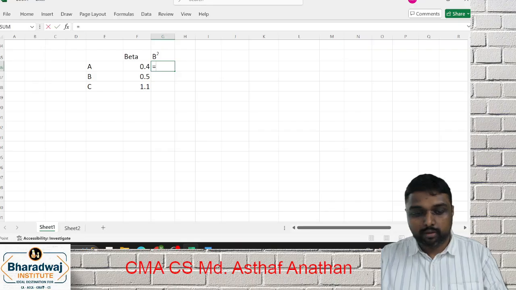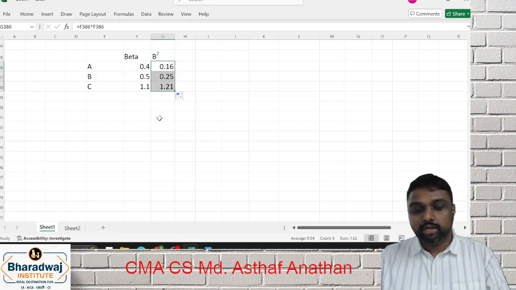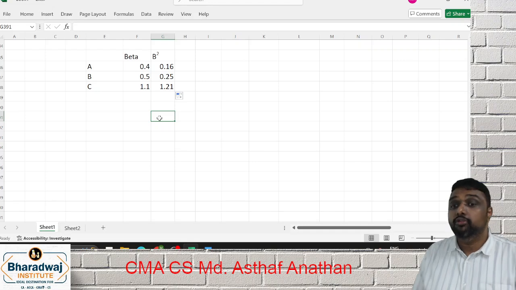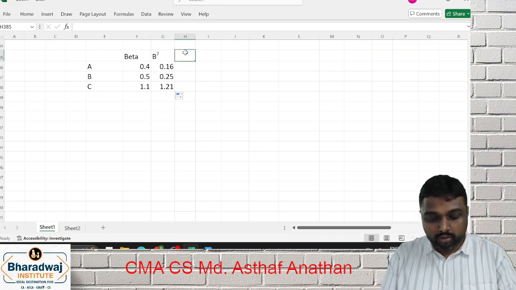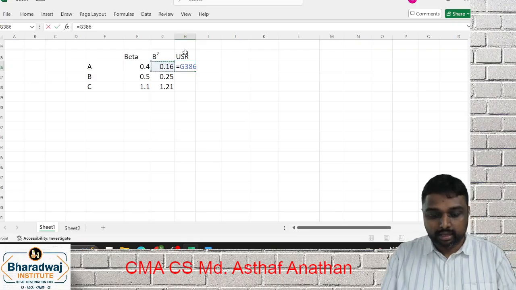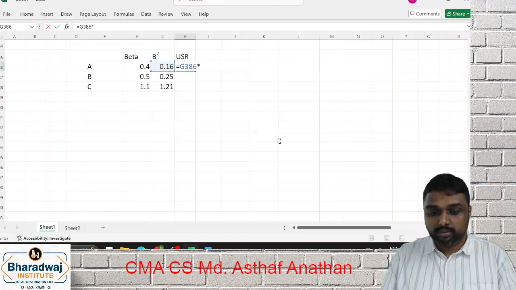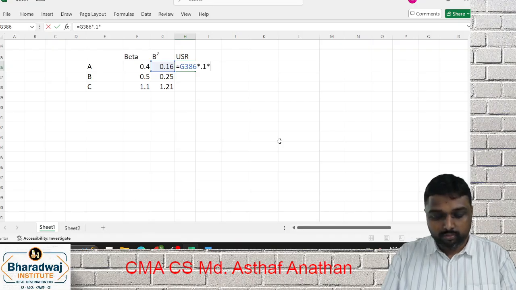I have taken the beta square. Now, once you do the beta square into variance of market, you can go for unsystematic risk. Variance of market is 0.1 into 0.1. What is 0.1 into 0.1? 0.01.